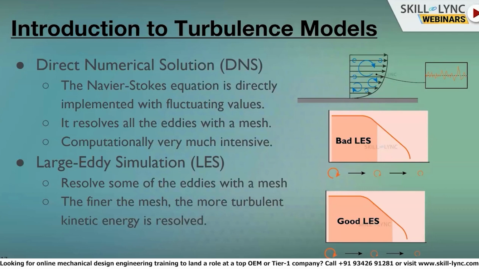Then we need a very fine mesh near the wall to capture the smaller eddies near the wall, and it becomes computationally very intensive and very expensive. So it is not suitable for industrial applications. For academic interest, one can explore it, but that is what direct numerical simulation is.